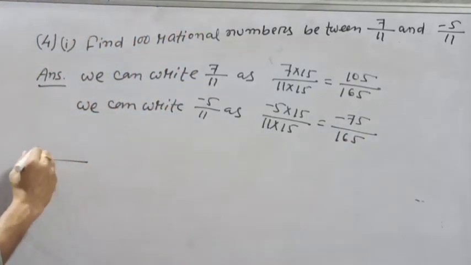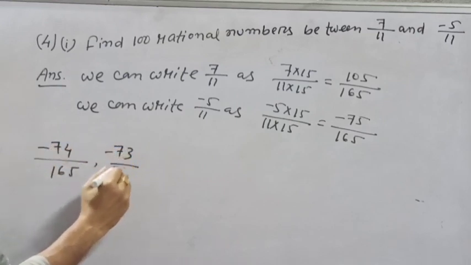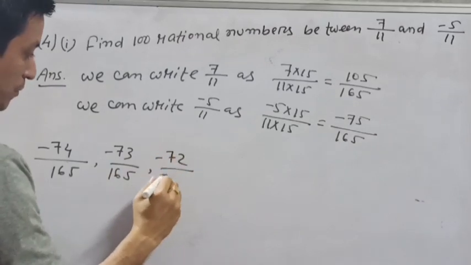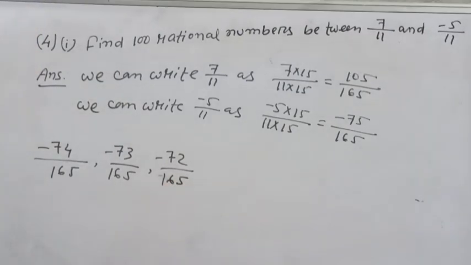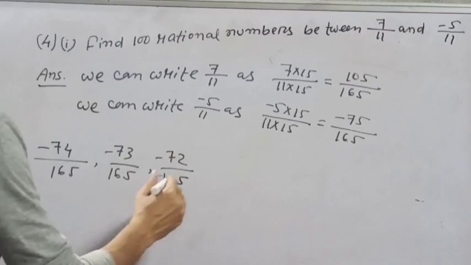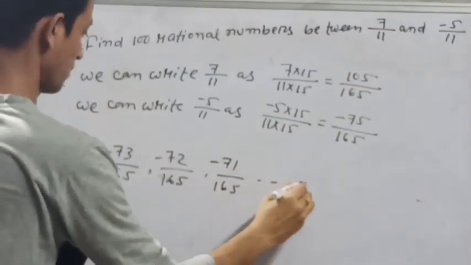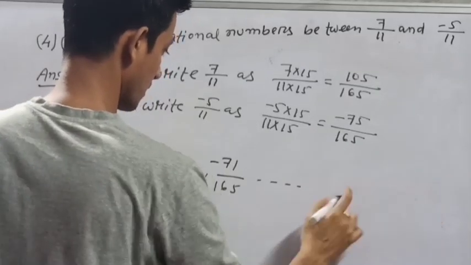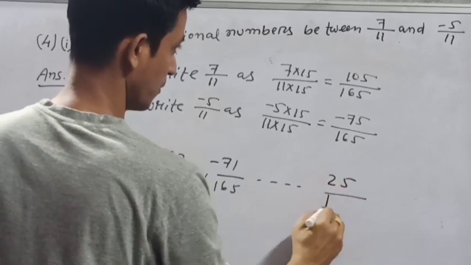So here minus 74 by 165, minus 73 by 165, minus 72 by 165, minus 71 by 165, dot, up to 25 by 165.